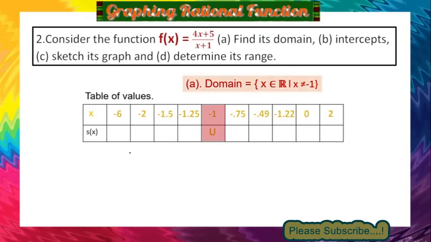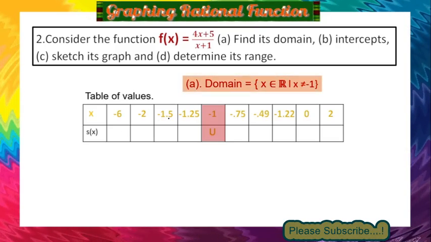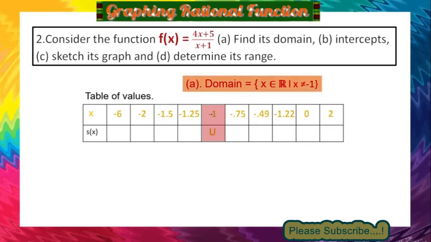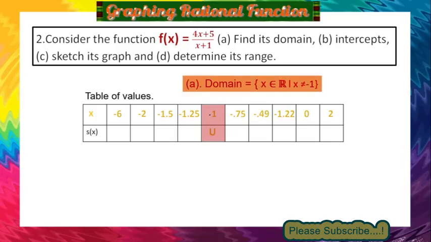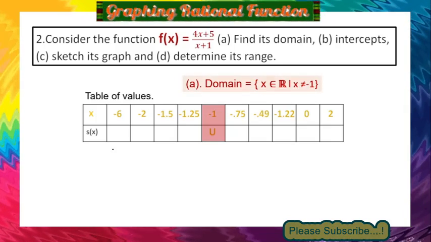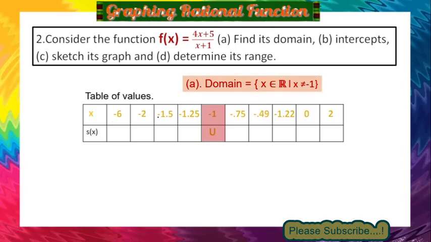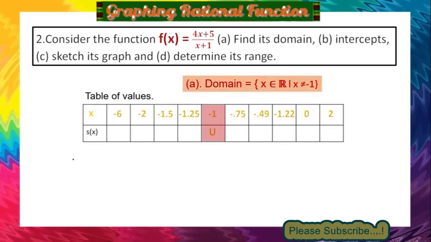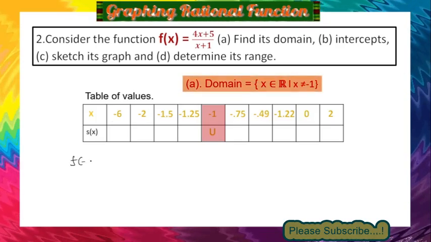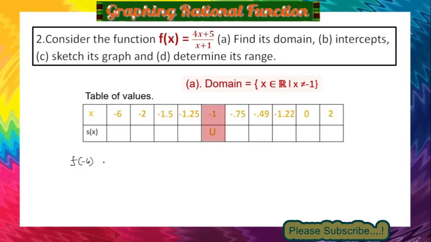In this case, the first value that we have considered at the left side of the value which could make the function undefined is negative 6. So we try to solve what is the value, for two values only. Let us see f of x, where the value of x is negative 6.